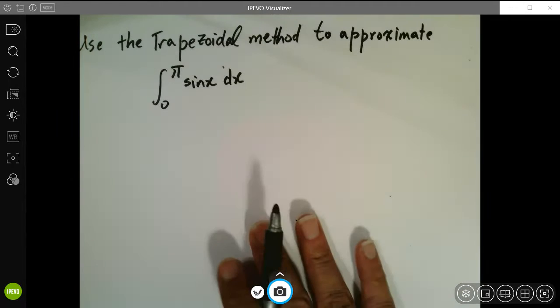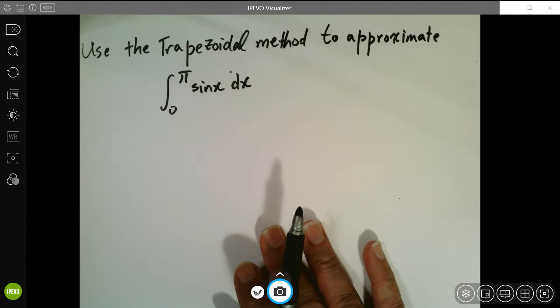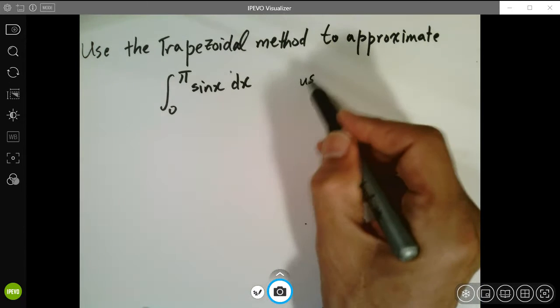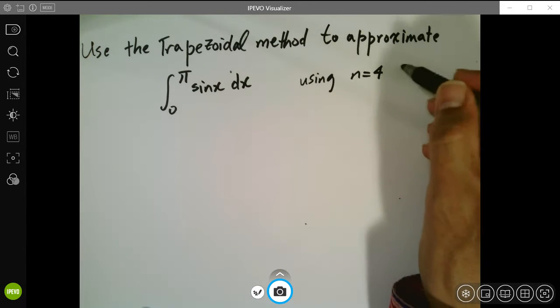Okay, so what do we have here? We have, if we divide using n equals 4 subdivisions.